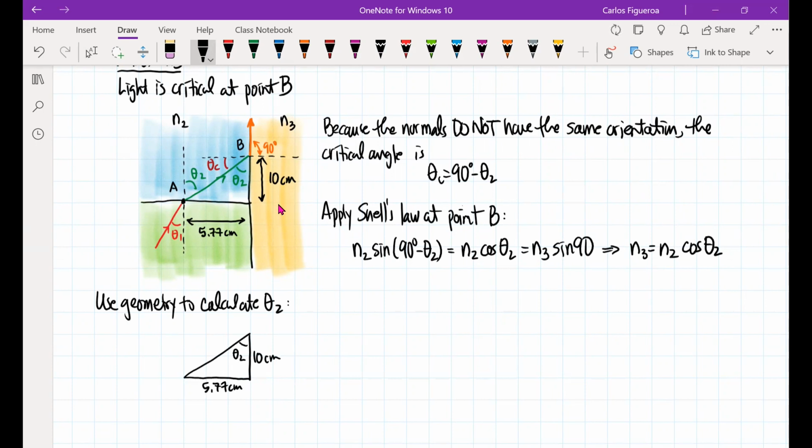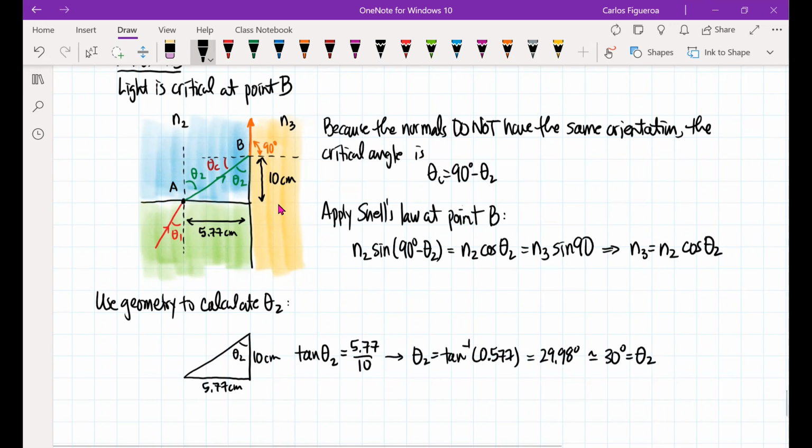So then this tells me here that the tangent of theta 2 is going to be 5.77 divided by 10. So then theta 2 is going to be the tan inverse of 0.577, which gives me 29.98 degrees, which I'll call 30 degrees for theta 2.